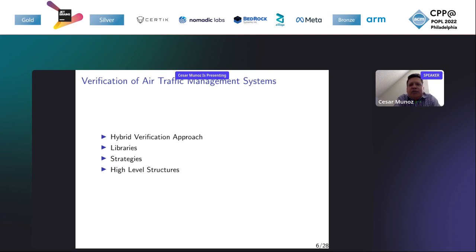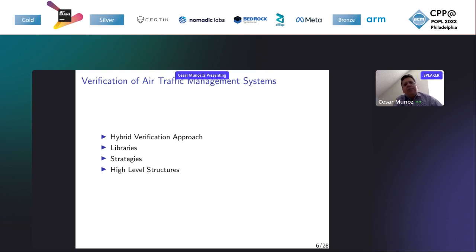After this verification of AILS, we started working on other types of algorithms like conflict detection and resolution for commercial aircraft, and then we moved into autonomous aircraft. So it opened a whole area of research in theorem proving, but it also provided a direction on what we needed in terms of theorem proving for these kinds of systems.